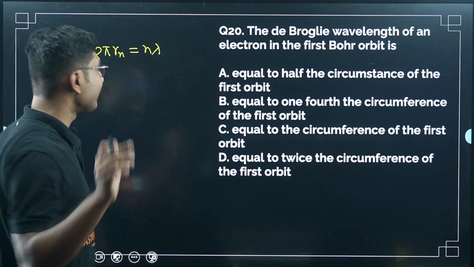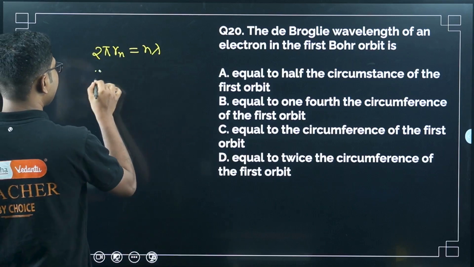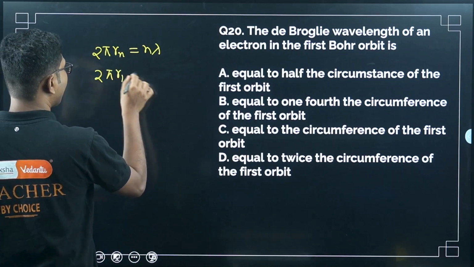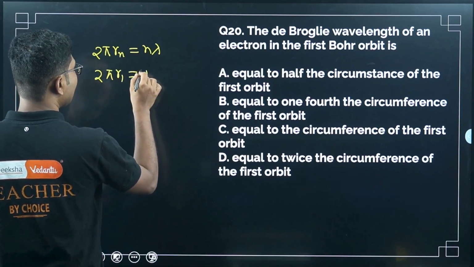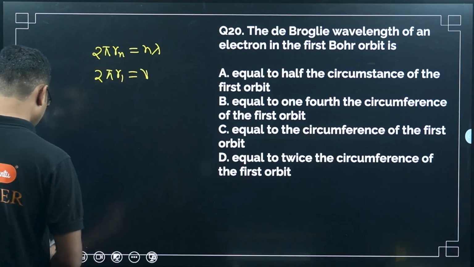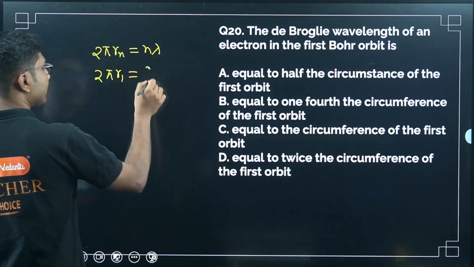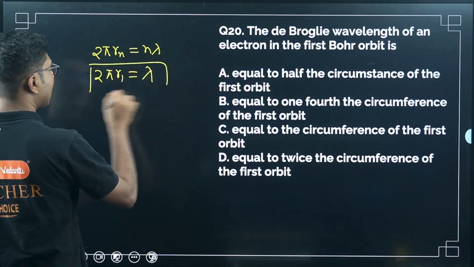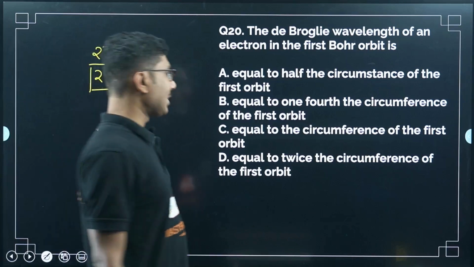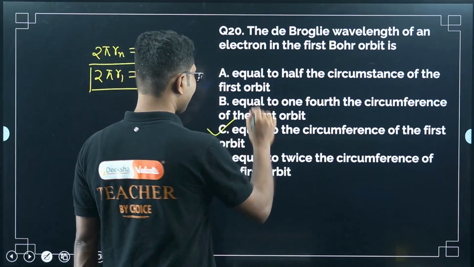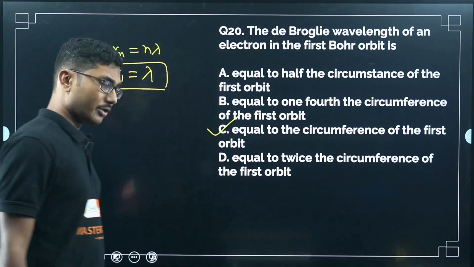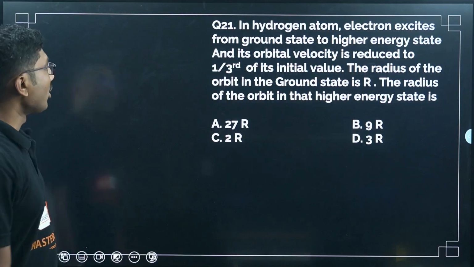So for the first orbit, 2 pi R1 equals 1 times lambda, which means lambda. So 2 pi R1 equals lambda, which is equal to the circumference of the first orbit.